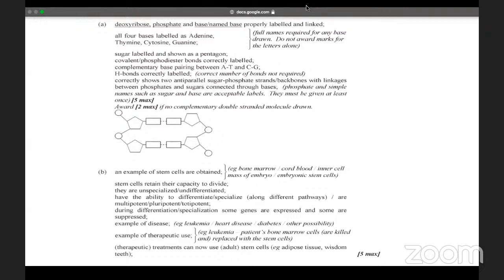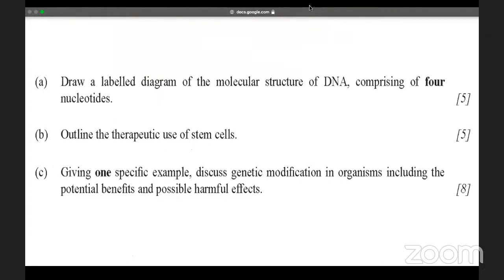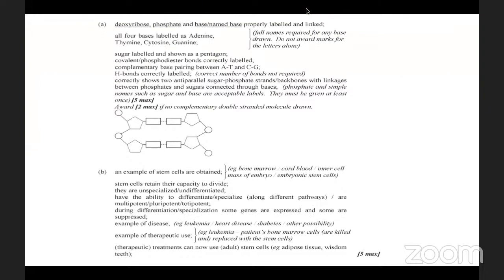So next, untuk soalan B, tengok balik soalan B. So soalan B tadi dikata outline the therapeutic use of stem cells. So yang ni topik 1 pasal therapeutic use of stem cells. So kalau tengok marksheet, so dia katakan outline. So kita kena cerita pasal proses dia lah.